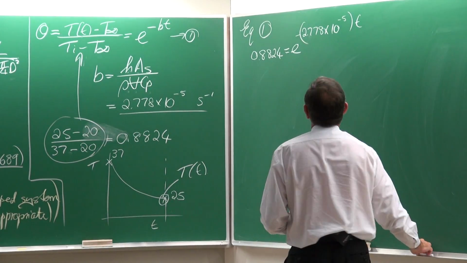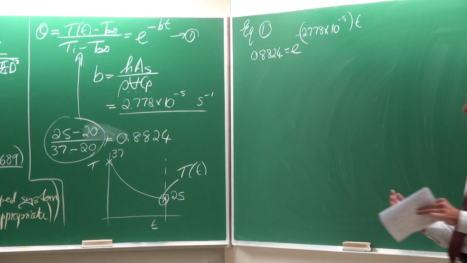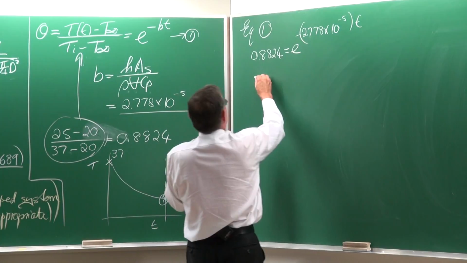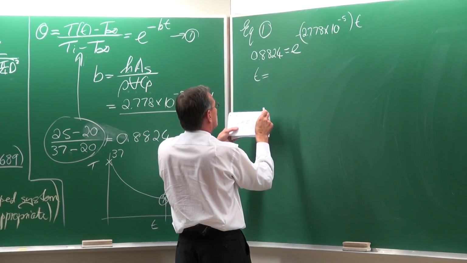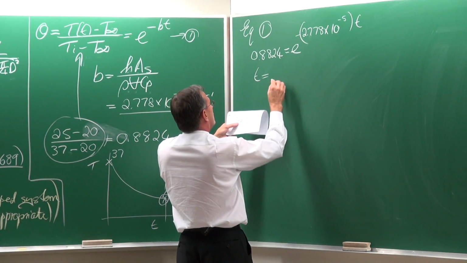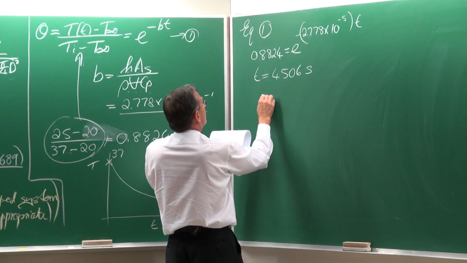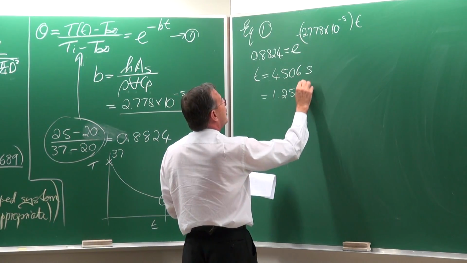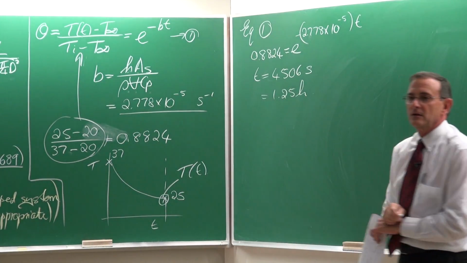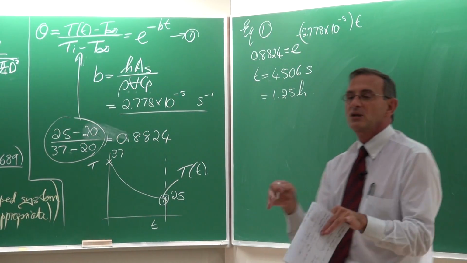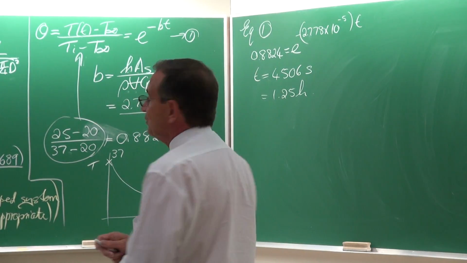The only unknown is t, and the result is 4,506 seconds, which means 1.25 hours ago the body temperature was equal to 37.